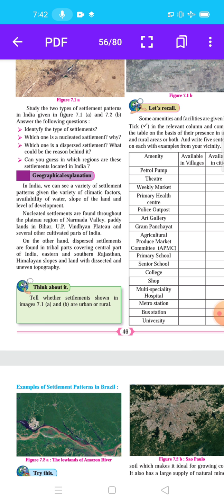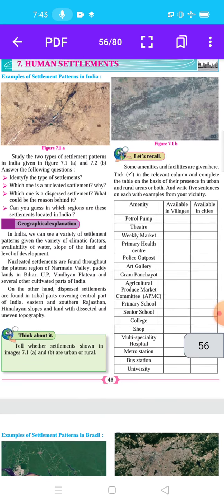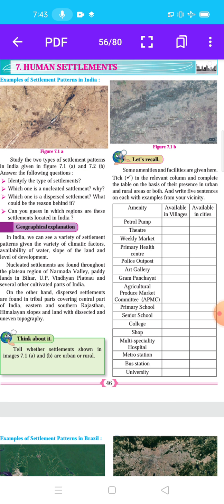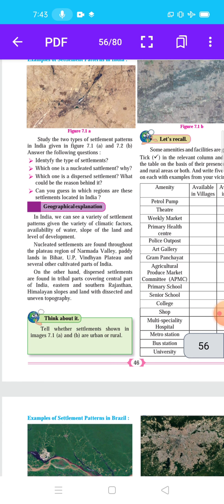On the other hand, dispersed settlements, like 7.1b, are found in tribal parts covering central India, eastern and southern Rajasthan, Himalayan slopes and land with dissected and uneven topography. Topography means river, valley, seas, etc.